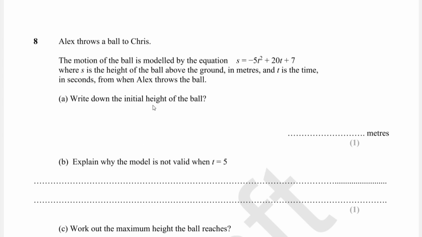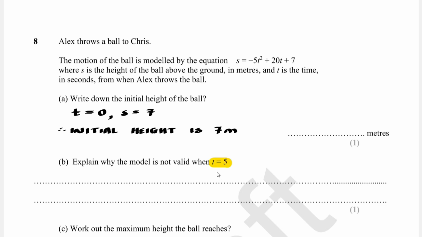So, to find the initial height, we need to substitute in t equals 0, and clearly when t equals 0, we are left with s equals 7. So the initial height is 7 meters. Part B. Explain why the model is not valid when t equals 5.